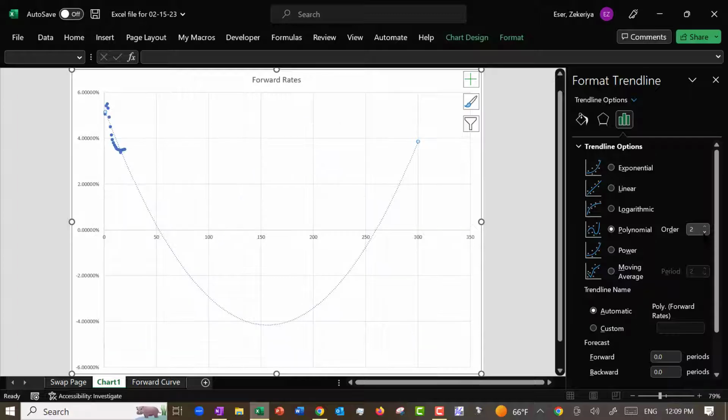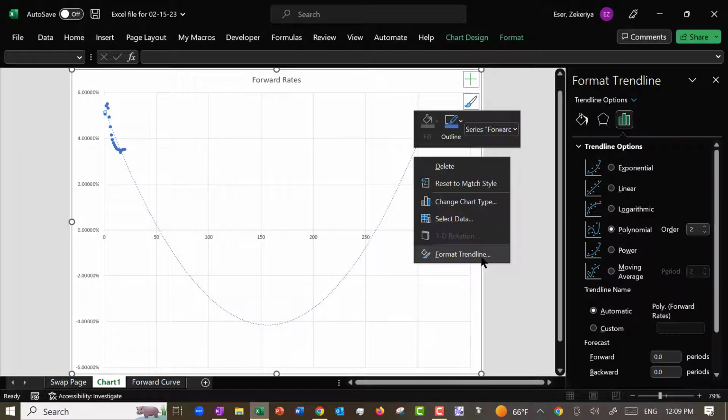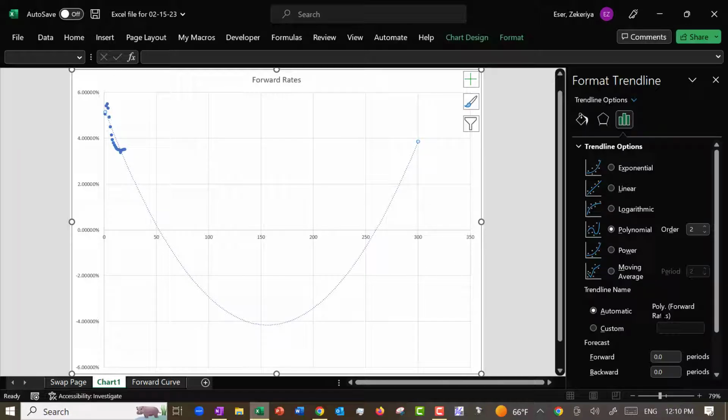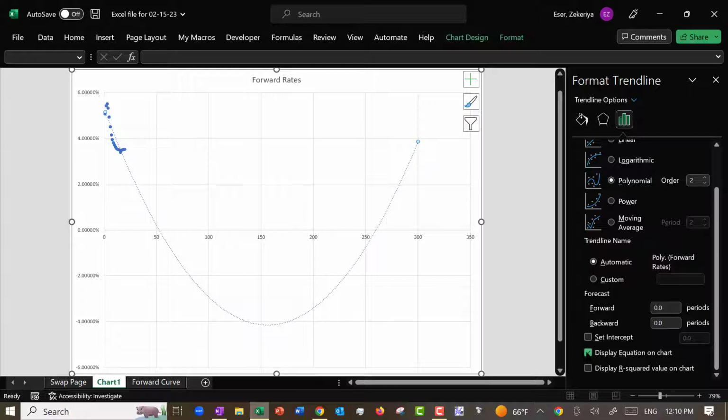Format trend line, display equation on chart. It actually tells you what that fitted equation is. You can fill things using those. Okay. Or you could fit a curve only to the sparse part.